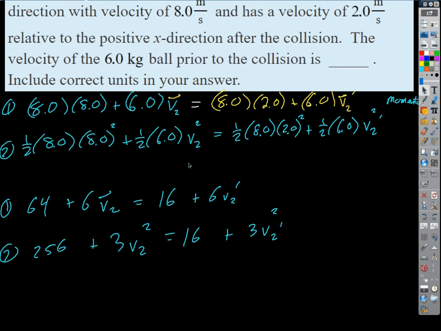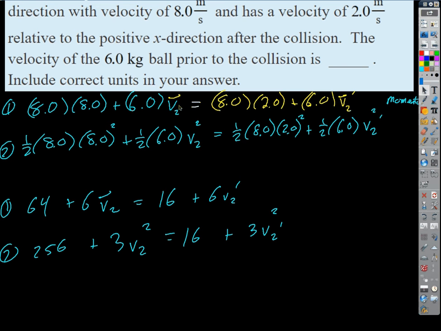So we ended up with mass times velocity of object A plus mass times velocity of object B before the collision must equal mass times velocity of object A after the collision plus mass times velocity of B after the collision, right? And we're actually trying to solve for v2, aren't we? We want the velocity of object B, object 2, prior to the collision.